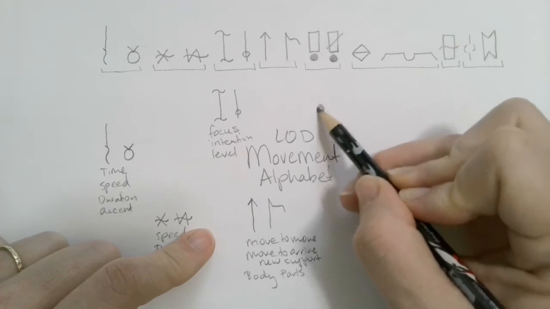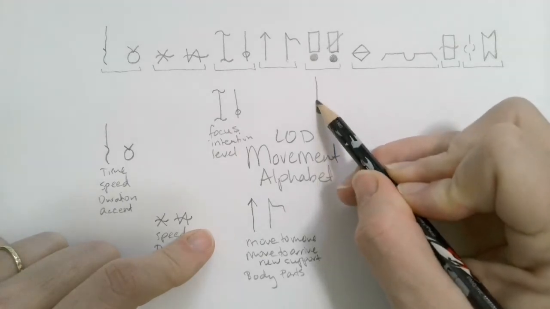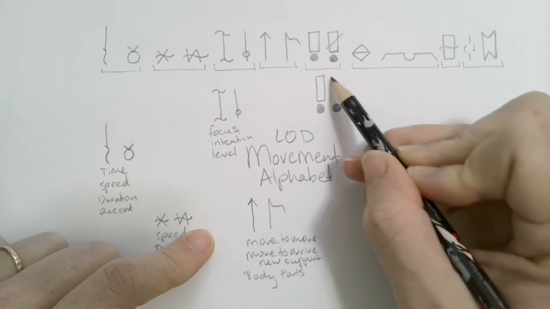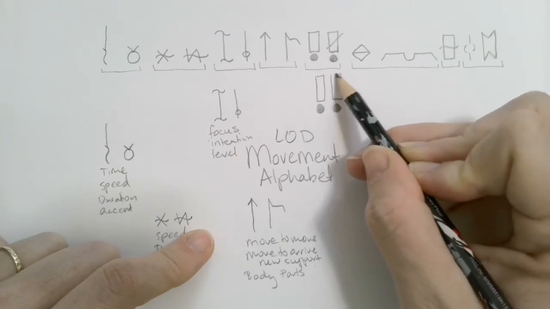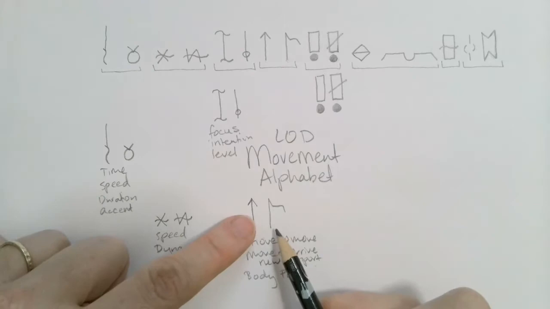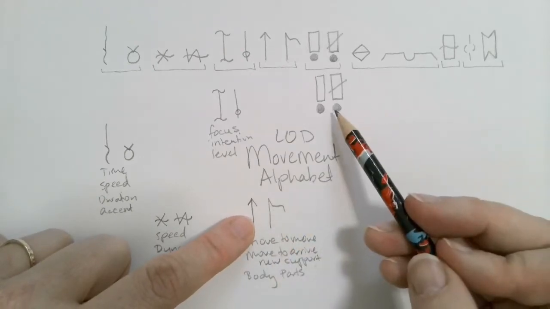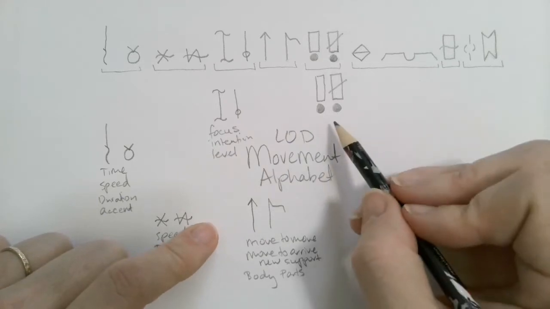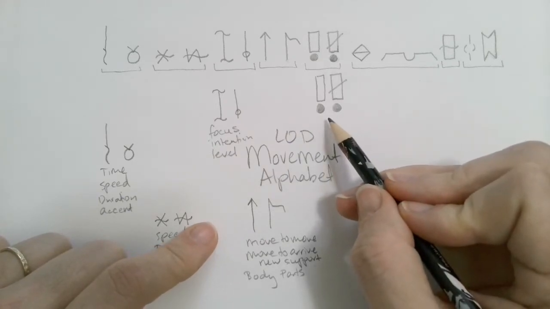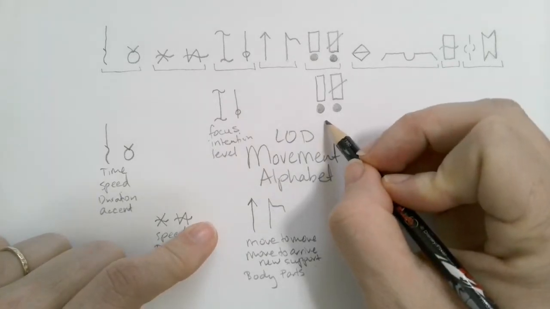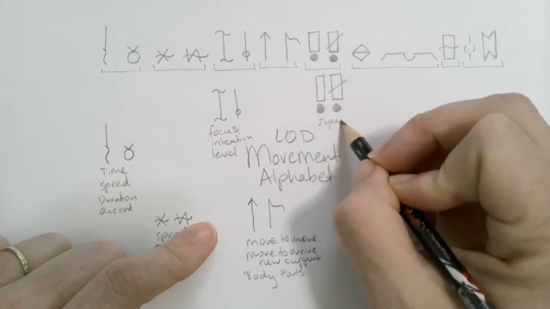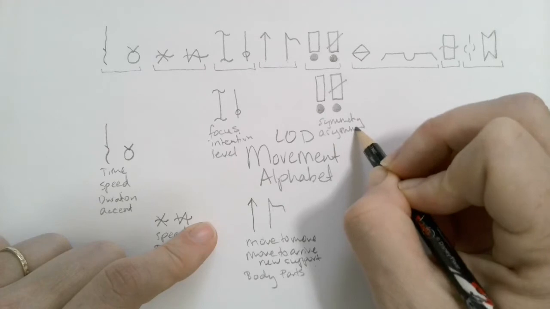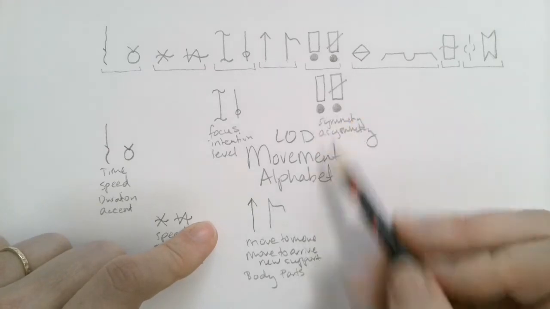Balance and falling are pretty straightforward, and it's useful to explore them after you do a change of support, because falling will result in a new support. Something I like to do is play with symmetry and asymmetry in balance and falling.